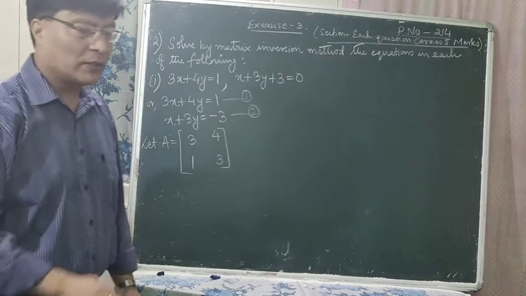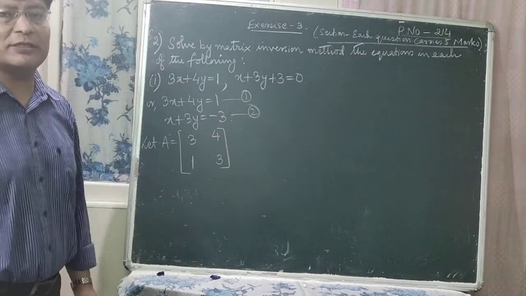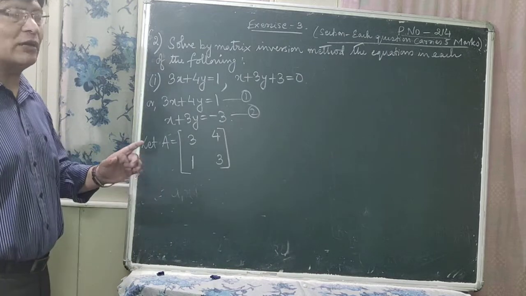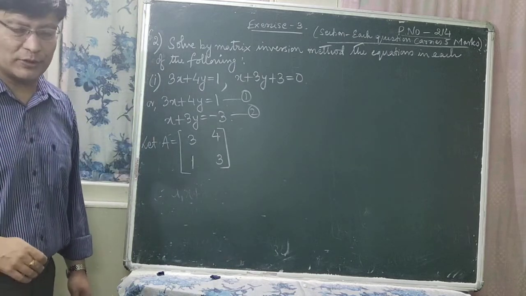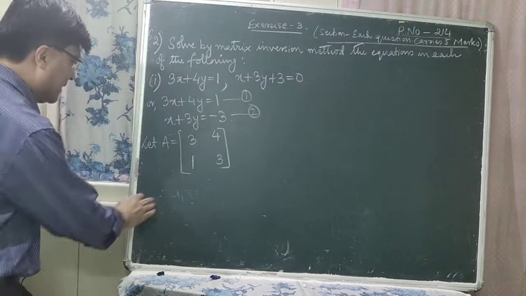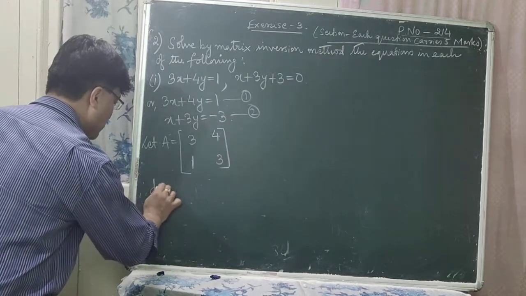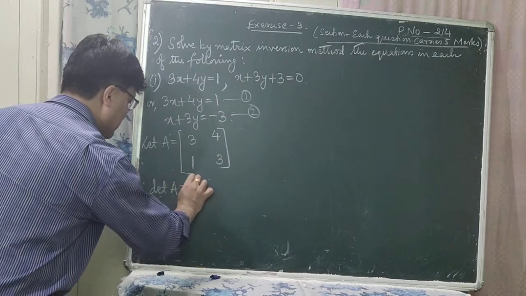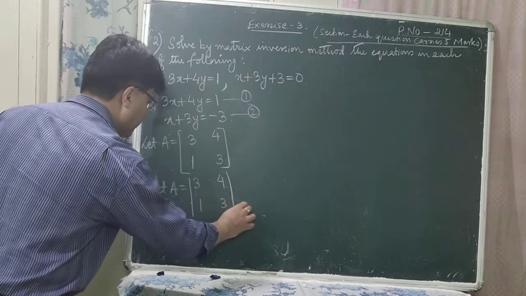Is that clear? So in order to solve this equation with the help of the matrix inversion method, you have to find out det A, because you have to get A inverse also. So let us find out det A. Det A means you have to convert into determinant form. Therefore, det A is equal to what? 3, 4, 1, 3.